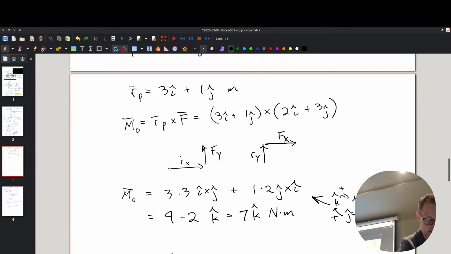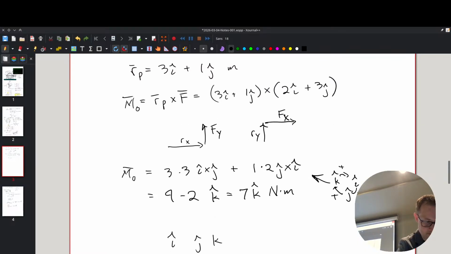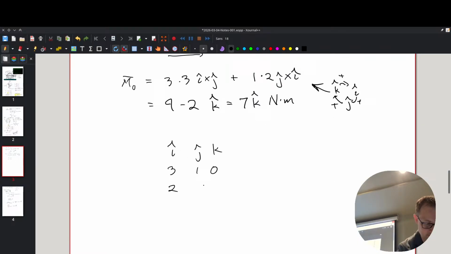So 3, 1, 0, 2, 3, like this? Did you flip the rows? That's good. If you do an F cross R, you should end up with the negative of the R cross F. But that's okay.